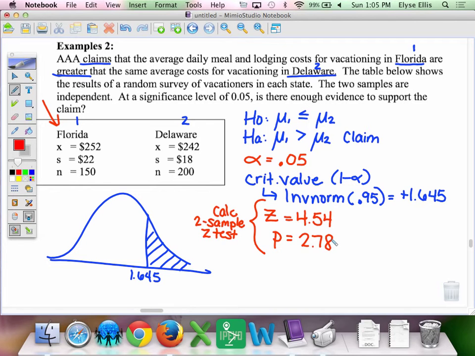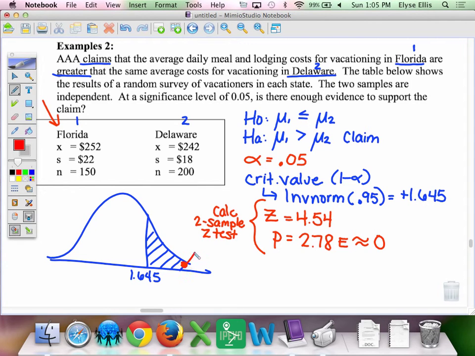Careful when you pull the p-value out of the calculator. You do see a 2.78. Doesn't really make sense because your probability should never be over 1. So how do you get 2.78? Well, if you look at the end, you see an E with a negative number. I didn't write it down, I'm terrible. But essentially, if you have that scientific notation, you've got 0.